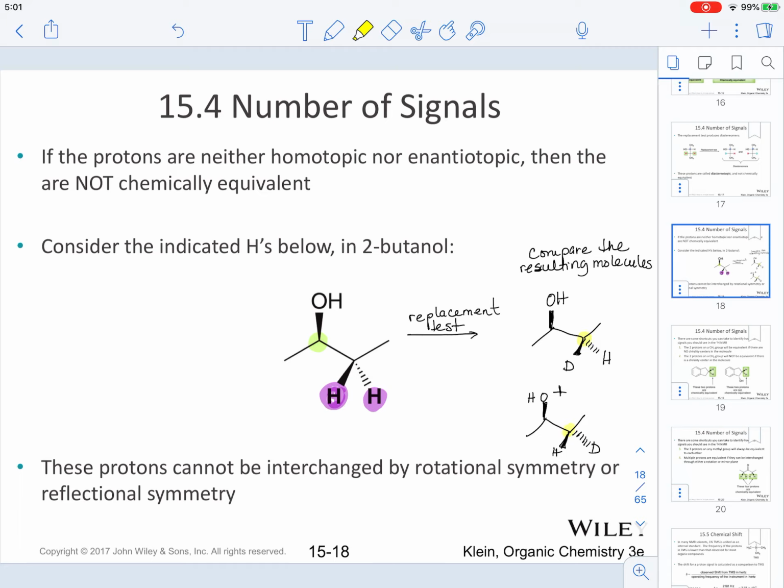So that means that for this example, these two molecules are going to be diastereomers of each other. So because after the replacement test those two molecules are diastereomers, the relationship between these two protons is diastereotopic.